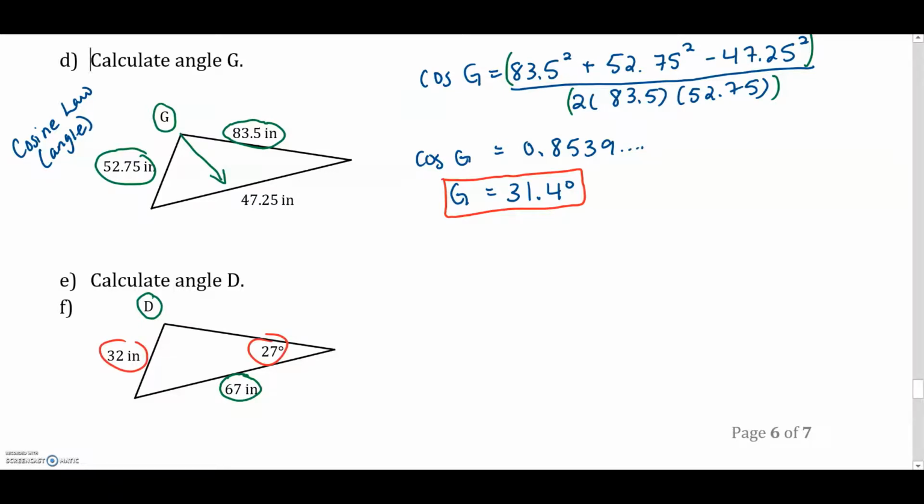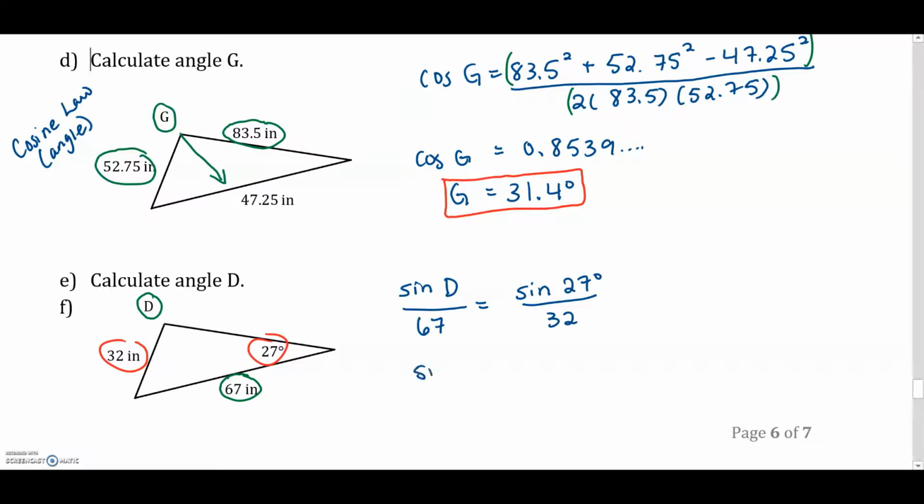When we set up the law of sines, when we're solving for an angle, it's best to put the sines of the angles on top of the fractions. We get sine of angle D divided by 67 is equal to sine of 27 degrees divided by 32.